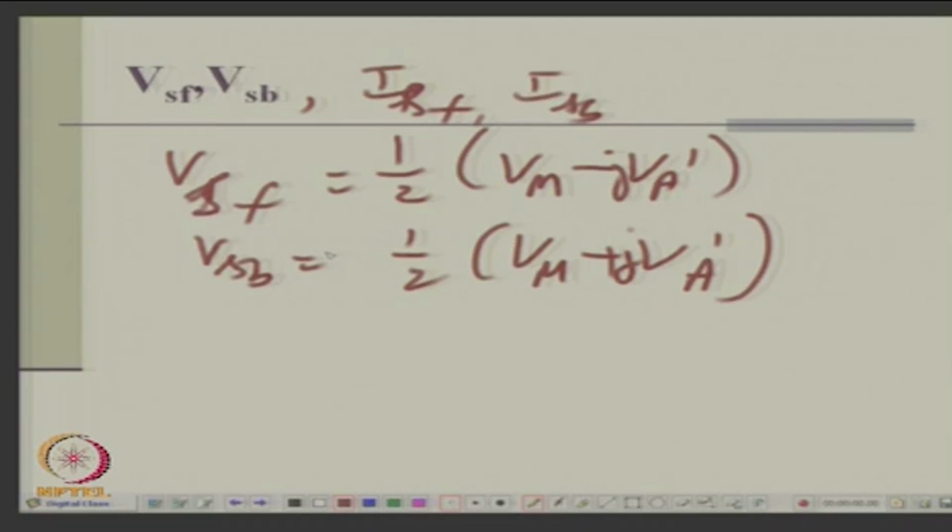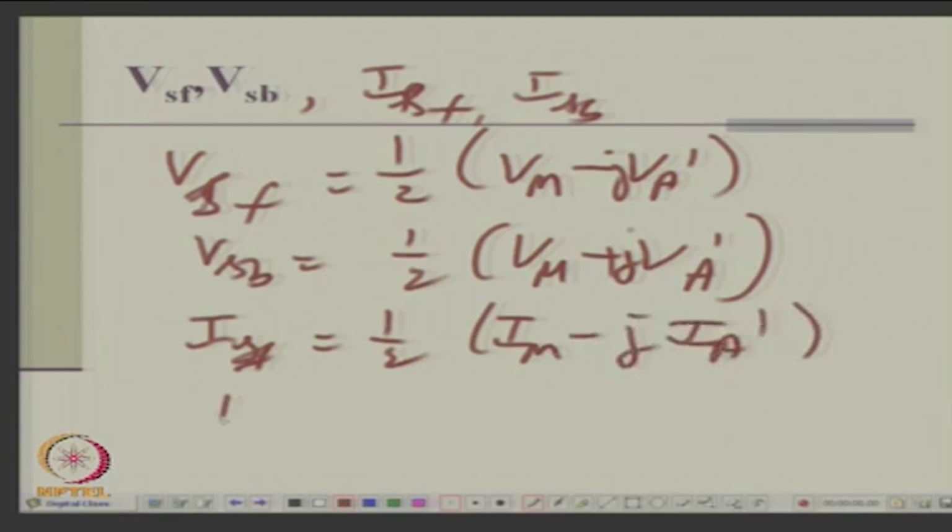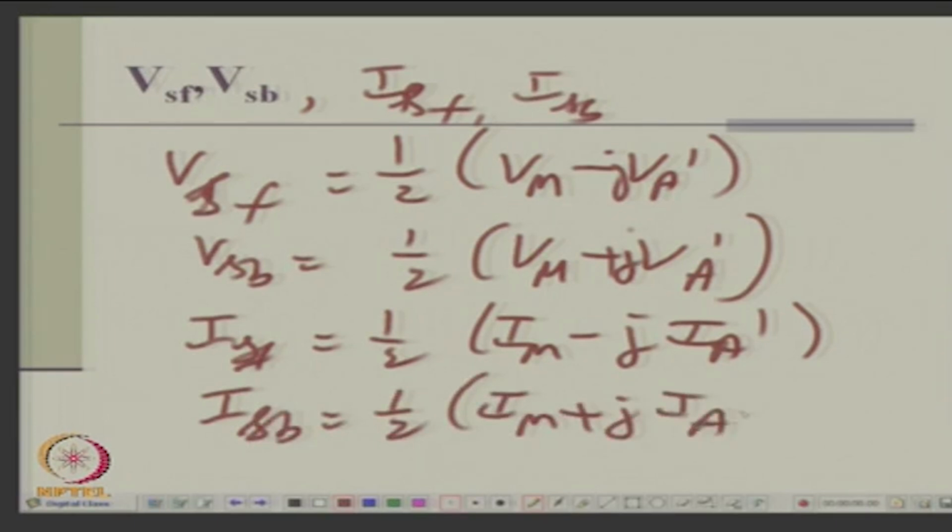Now, ISF will be half of Im minus j Ia dash and ISB will be half of Im plus j Ia dash.